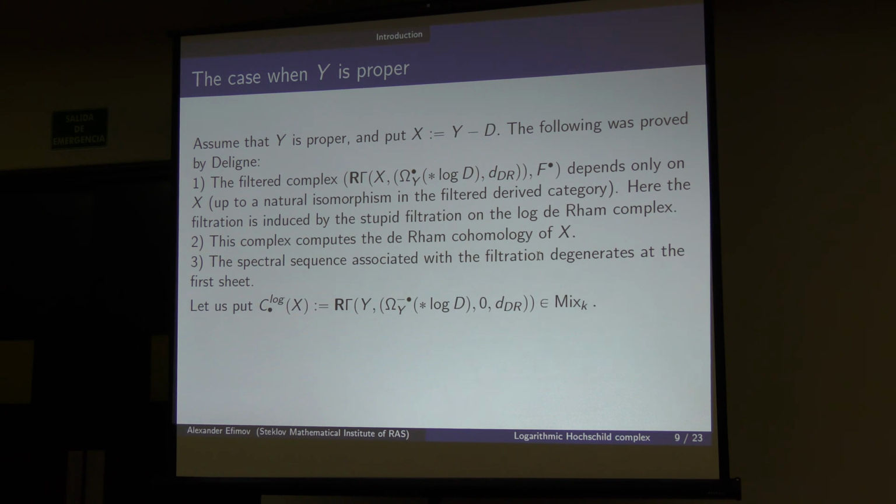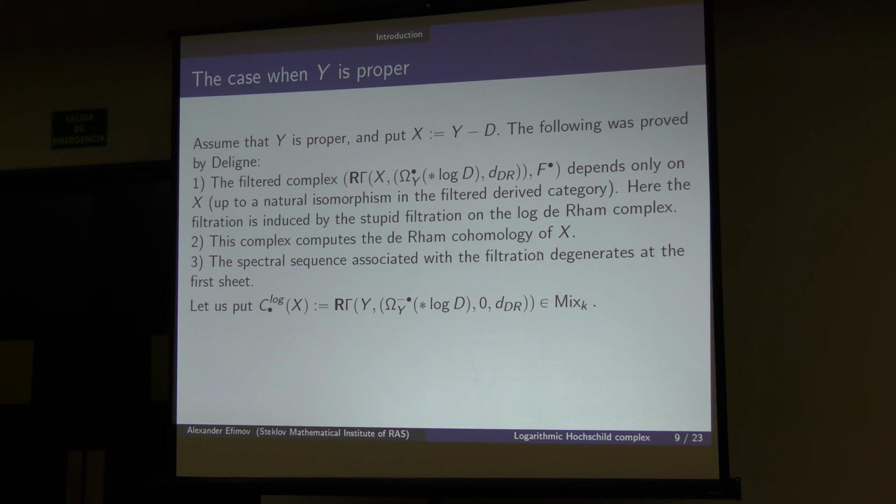Of course, there's a version of this story for logarithmic schemes, but I'm considering only the case when the log structure is given by a simple normal crossing divisor and the underlying scheme is smooth. Let's define by force the logarithmic Hochschild complex of a variety by the same formula as before, but with the usual forms replaced by logarithmic forms.